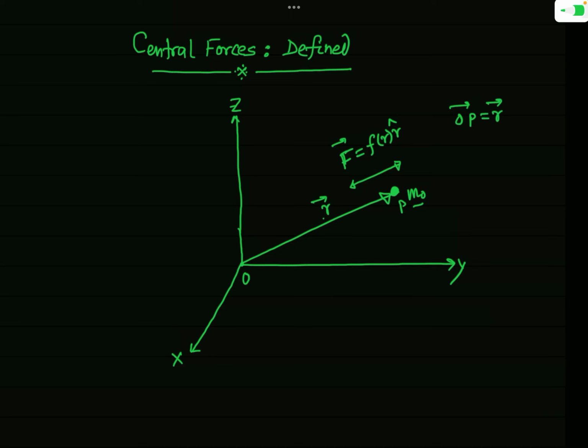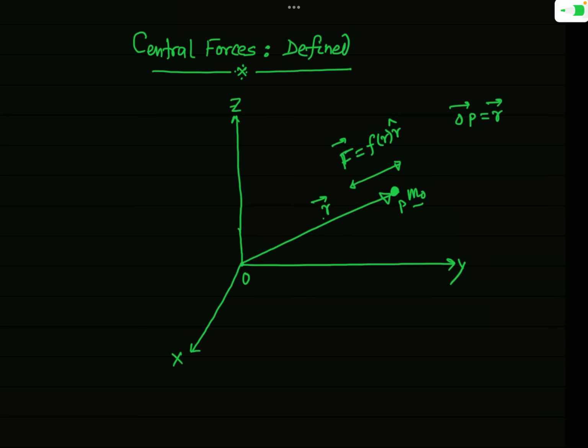Now let us consider that a force is acting on this point mass m0, which is situated at point P. If the force F is acting on it, that force will be called a central force only when two conditions are satisfied.